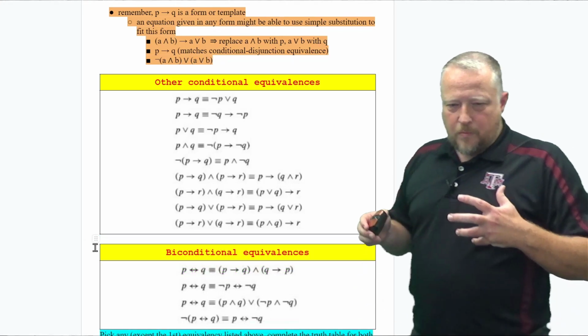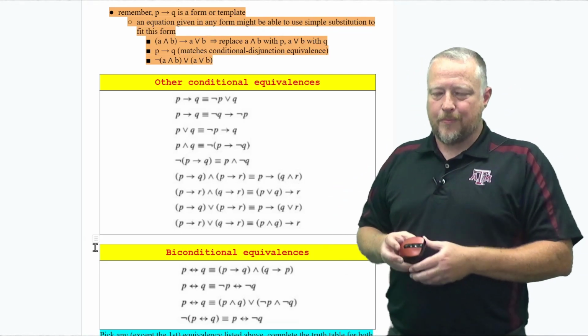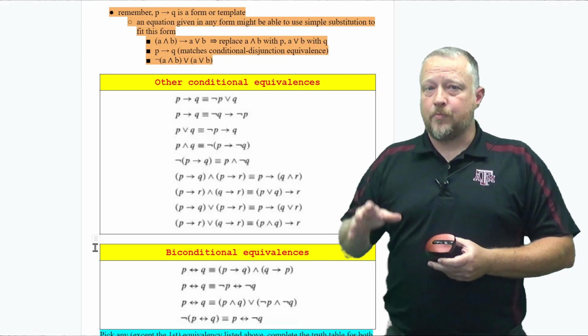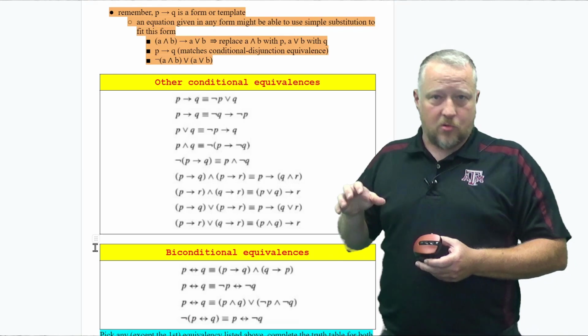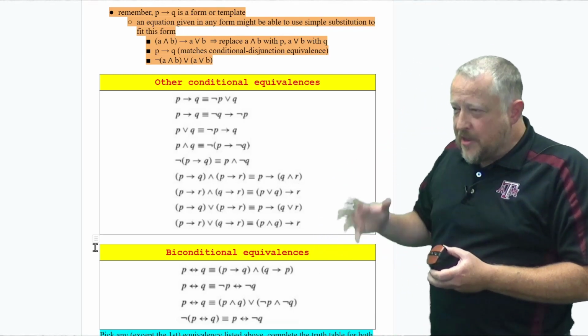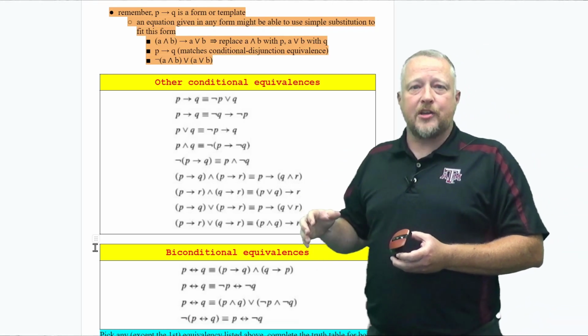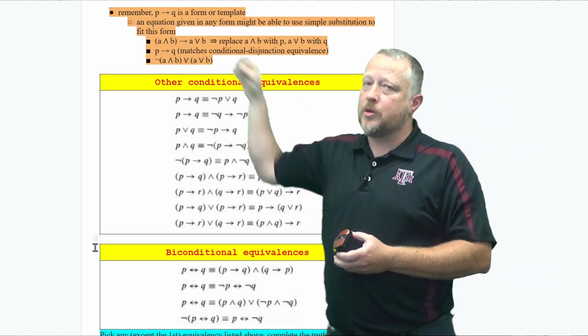Remember that P implies Q is a form. P and Q are simple variables, but we could have compound statements within P and Q. So think of P implies Q as a form. P can be much more complicated and Q can be much more complicated.